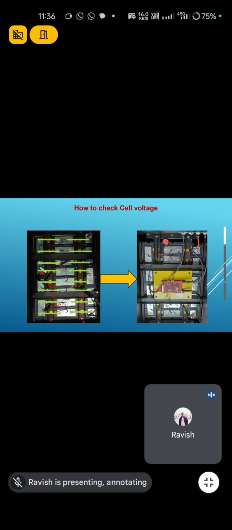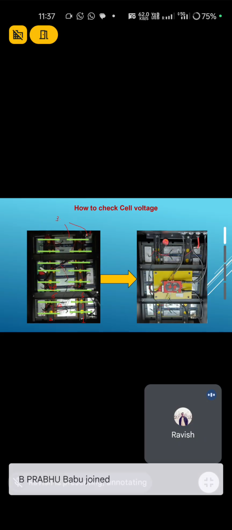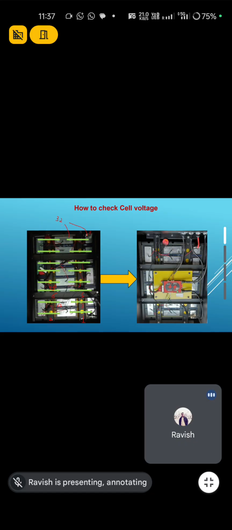If you need to check the cell voltage with the multimeter, you have to connect the multimeter probe to this terminal, and here it shows the 3.2 volt nominal voltage of your cell. And this one is the 16 cell, because this is an e-rickshaw battery and they have 16 cells.